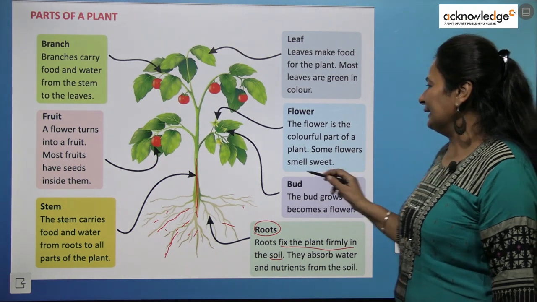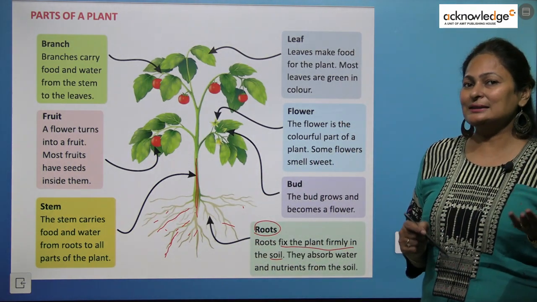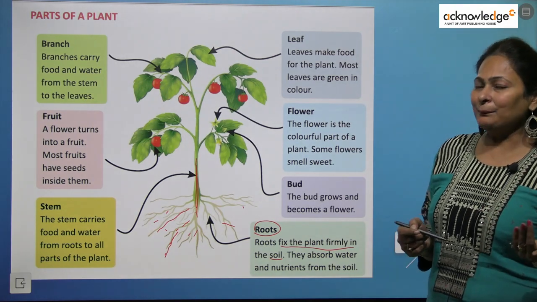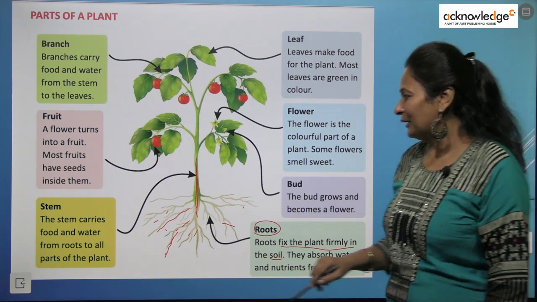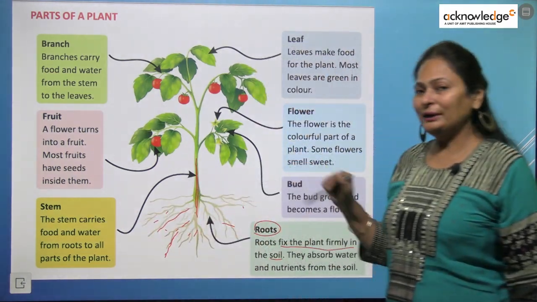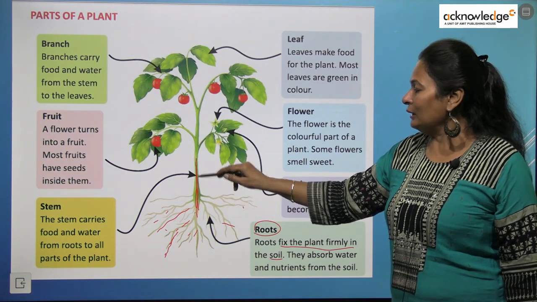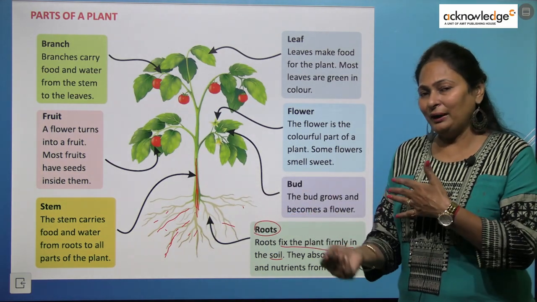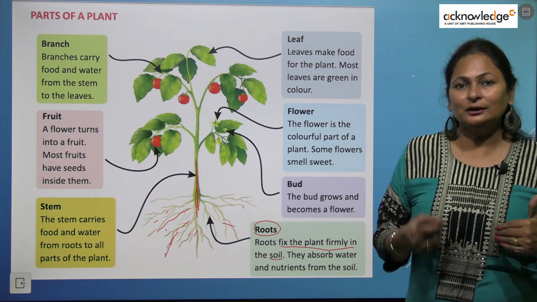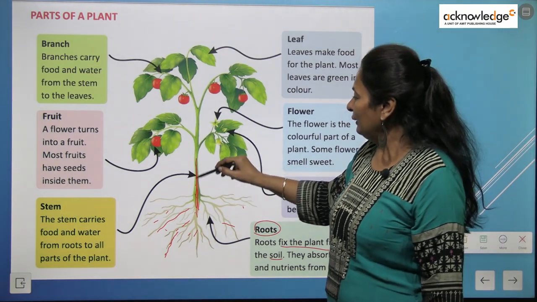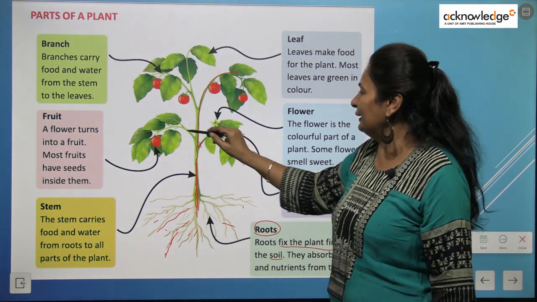So, next is stem. Right. Next part of the plant is stem. Stem grows above the ground. Right. And what is the function of stem? Stem takes all the nutrients that have been transported by the roots to the other parts of the plants, right kids?